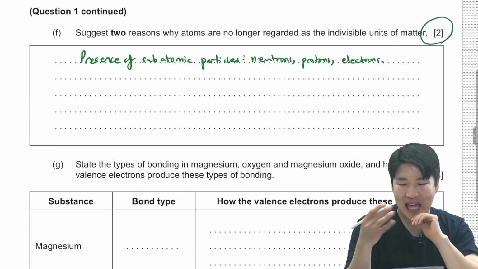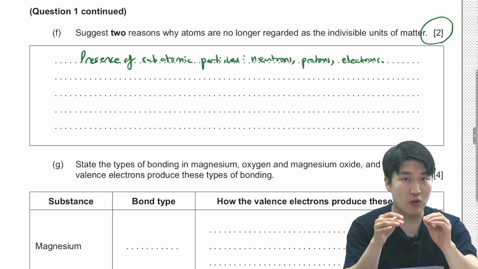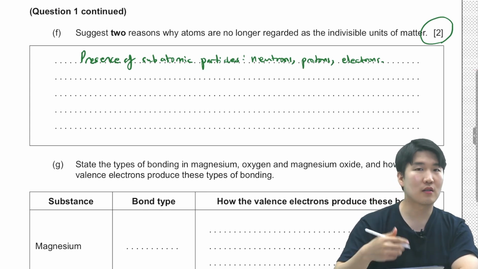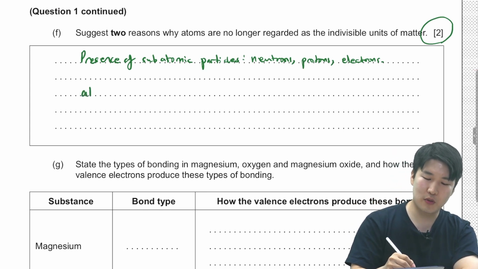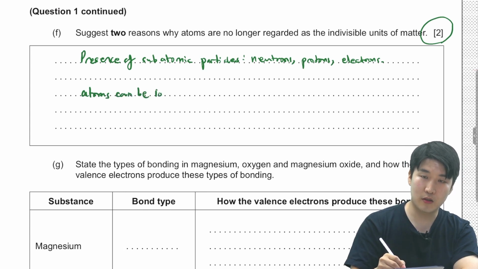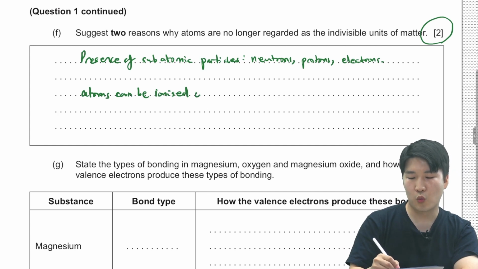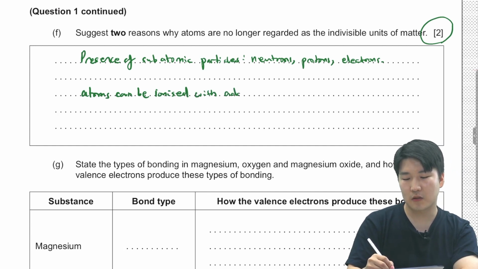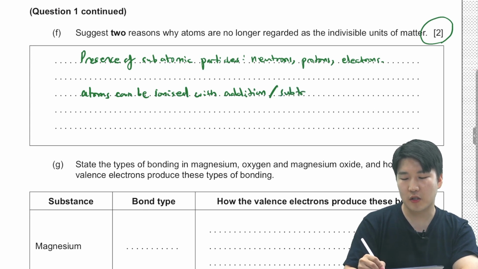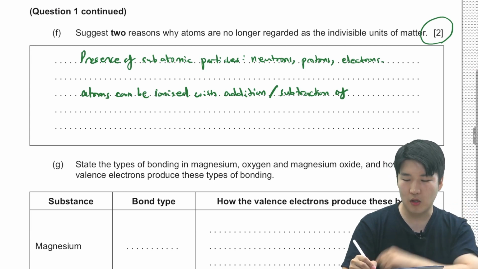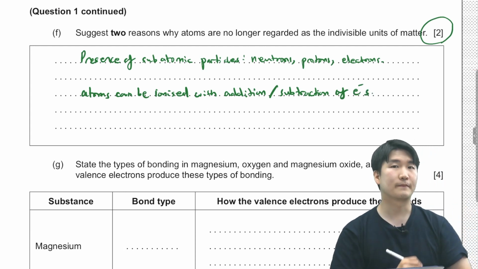We could add or subtract electrons to ionize atoms. Atoms can be ionized with addition or subtraction of subatomic particle electrons.